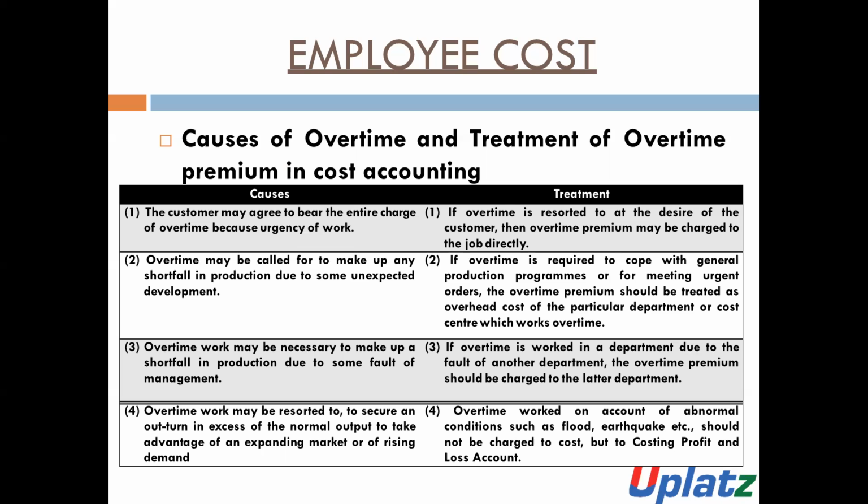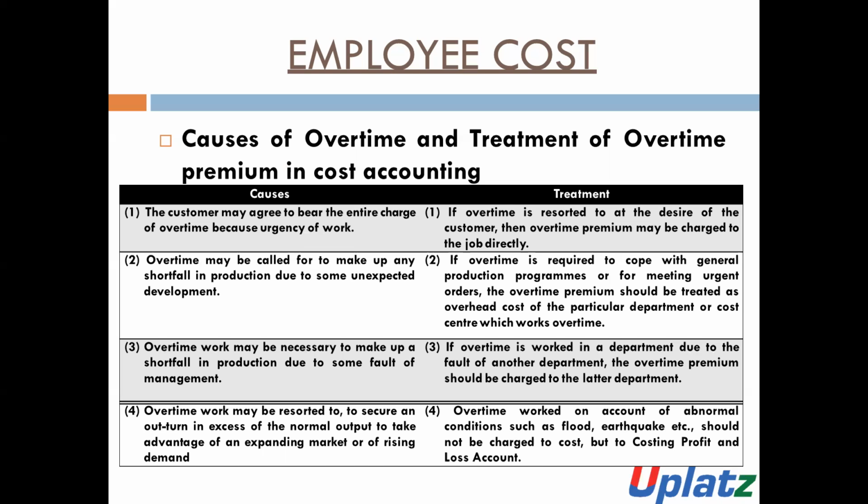Cause number 4 is overtime work that may be resorted to in order to secure an output in excess of normal output, to take advantage of an expanding market or rising demand.